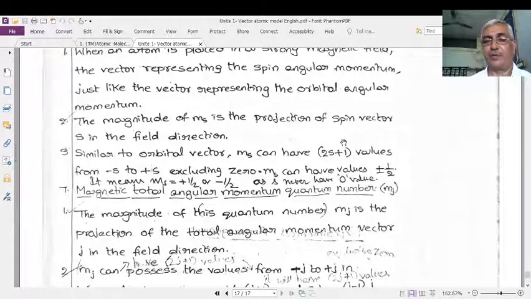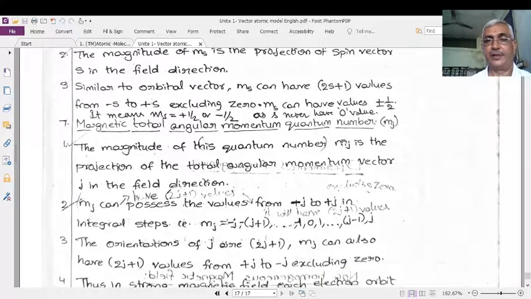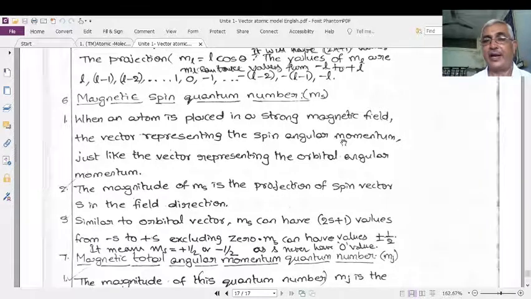Because of the applied external magnetic field, L will be affected and you will get ML, the magnetic orbital quantum number, and S will be affected and you will get the magnetic spin quantum number. Again you have ML and MS.